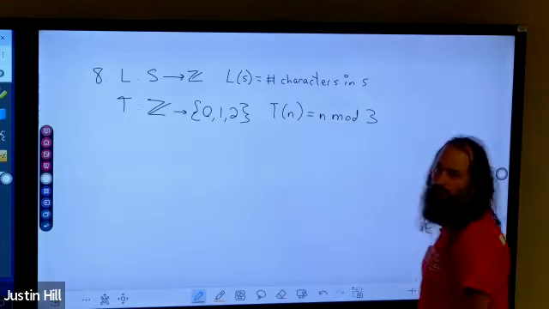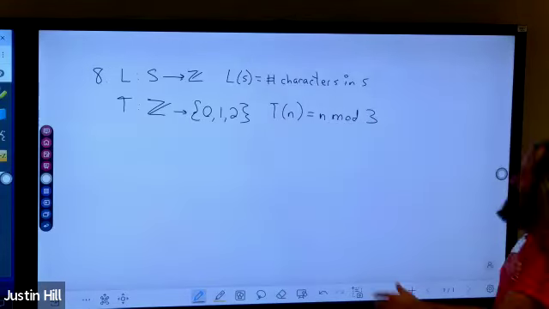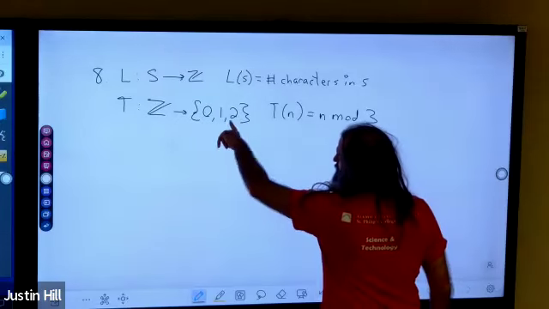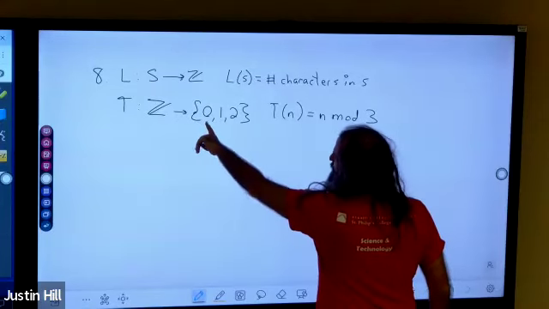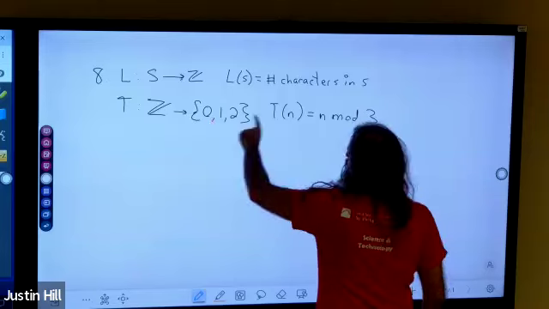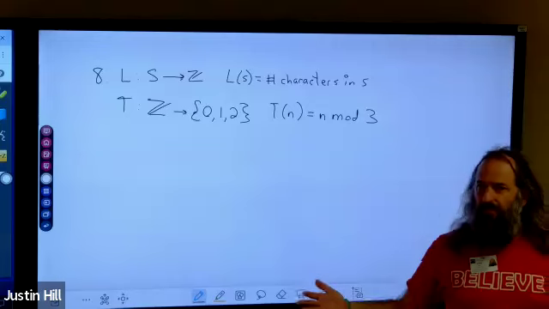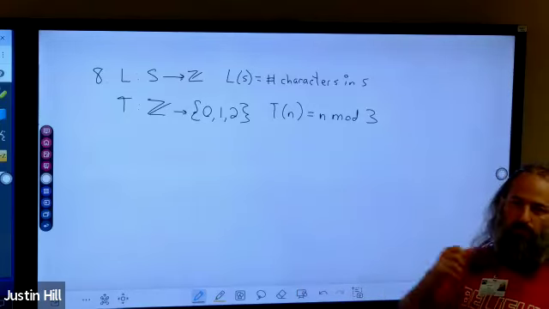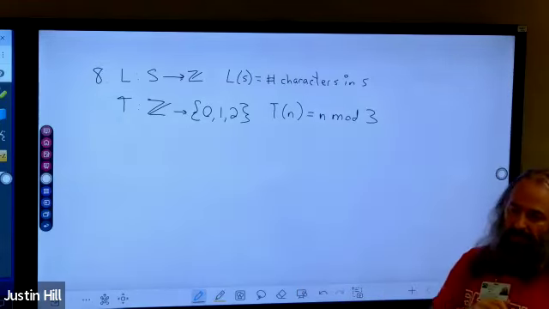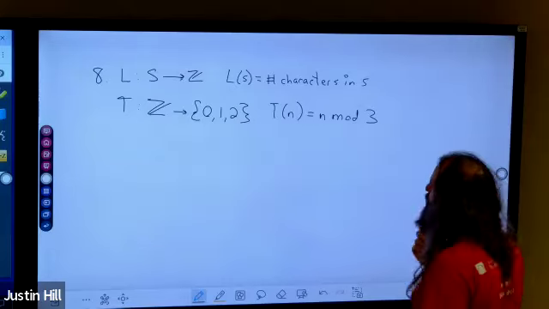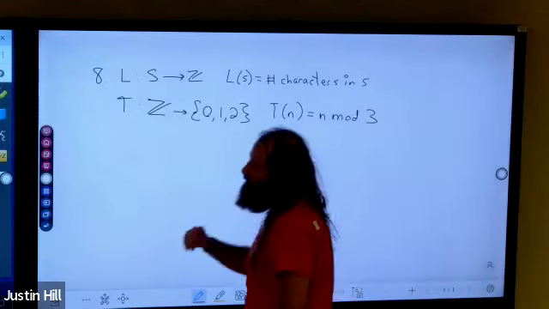Just whatever the remainder is after you divide by 3. And notice that the codomain, the set that you're going to for the function, is the possible remainders after you divide by 3. You can either have a remainder of 0, 1, or 2. You can't have a remainder of 3 because then it's divisible by 3, and so you have a remainder that's actually just a remainder of 0. So these are my two functions.